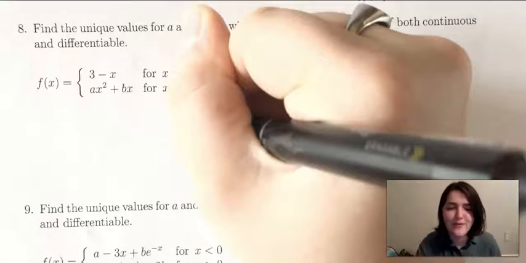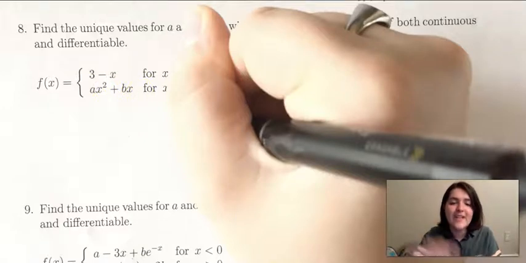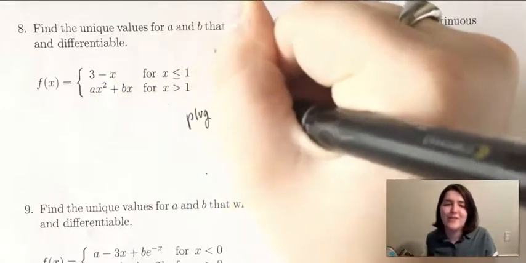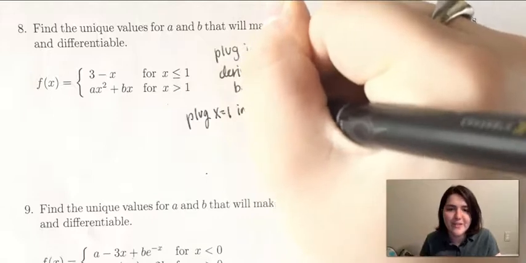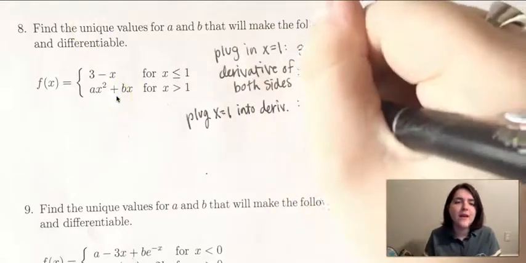Okay, I just said derivative of 2. I didn't mean derivative of 2. I meant derivative of this. When I say derivative of both sides, not the derivative of the simplified thing that we just wrote, it is the derivative of the function itself. Sorry, that was a little confusing.